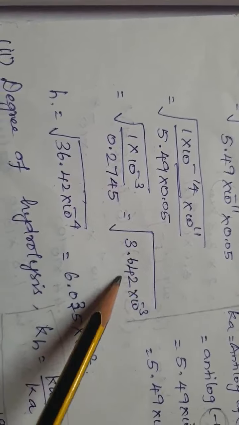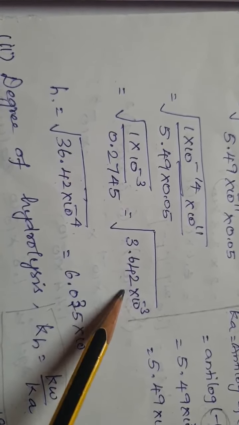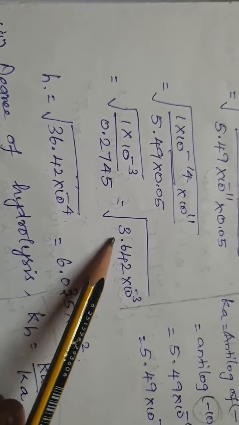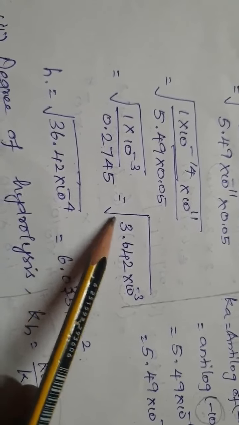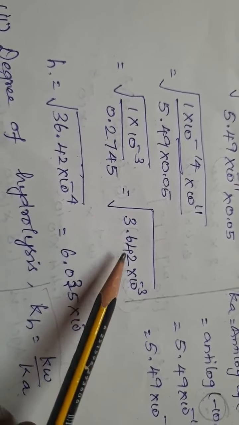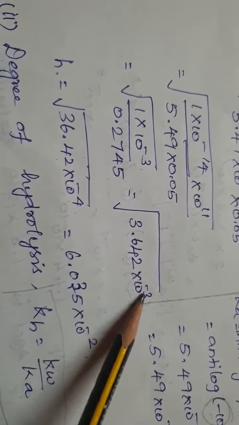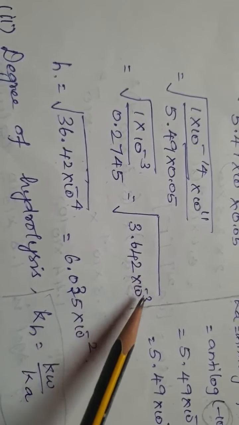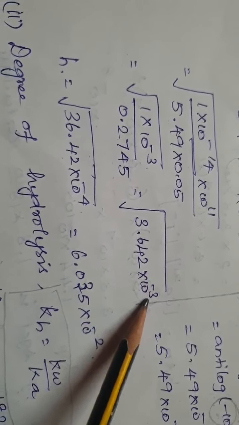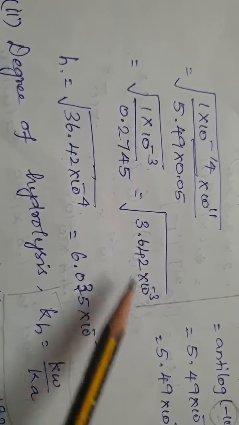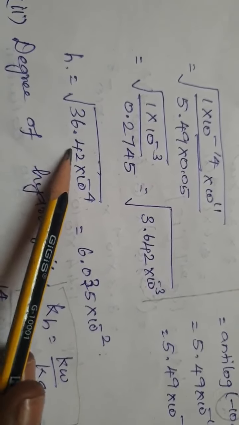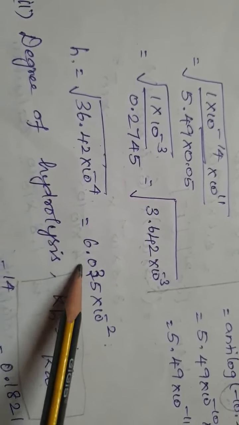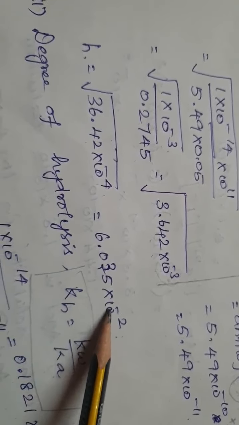Then 3.6 divided by this 2 gives 3.642 into 10 power minus 3. But if you take the square root, it is an odd power, so I have to change it into an even power: 36.42 into 10 power minus 4. So the answer is 6.035 into 10 power minus 2.